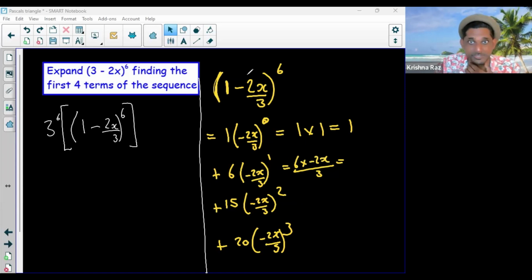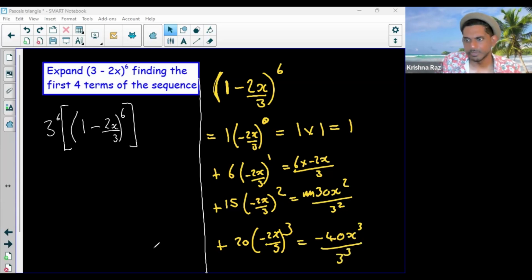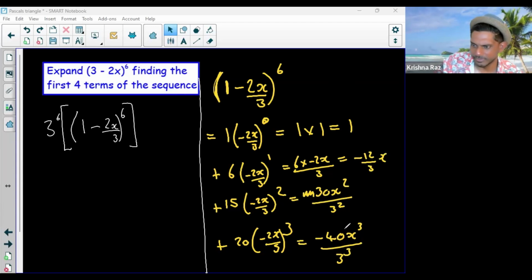Here we've got minus 30x squared over 3 squared. And the last one, we've got minus 40x cubed over 3 cubed. So these signs should alternate from positive to negative.